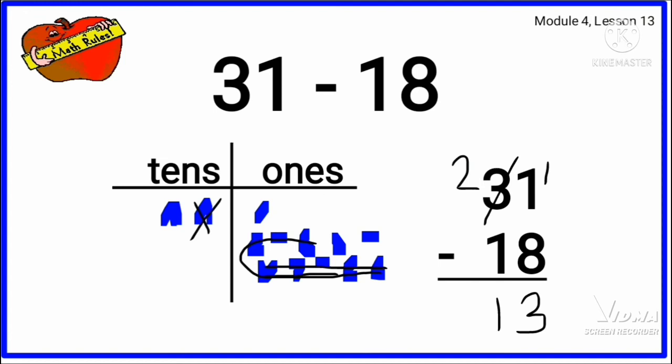The subtrahend, that is the number you are subtracting, is cancelled out. So the 8, you see the way I cancel that 8 ones, that is I remove 8. What is left? 3. In the tens place, I cancelled 1 ten because it's 18 now. What is left? 1 ten. So my answer is 13.